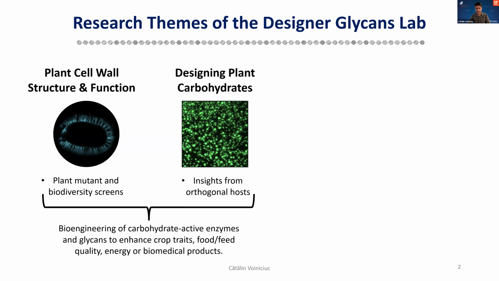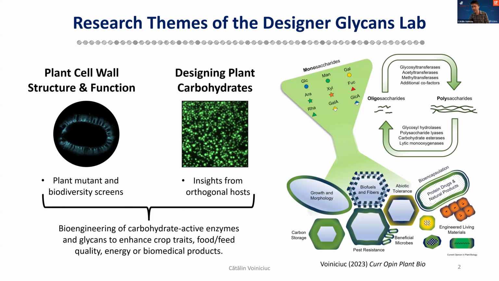This would ultimately enable us to enhance crop traits, for example, to have more dietary fibers that have important roles in treating lifestyle diseases such as type 2 diabetes, or to have animal feed of superior quality for improving the gut microbiome. There are also important medical applications as well as energy or bioproducts that require custom cell walls.